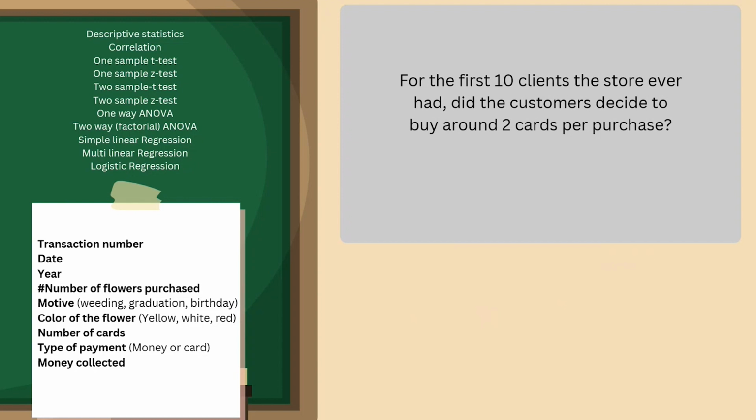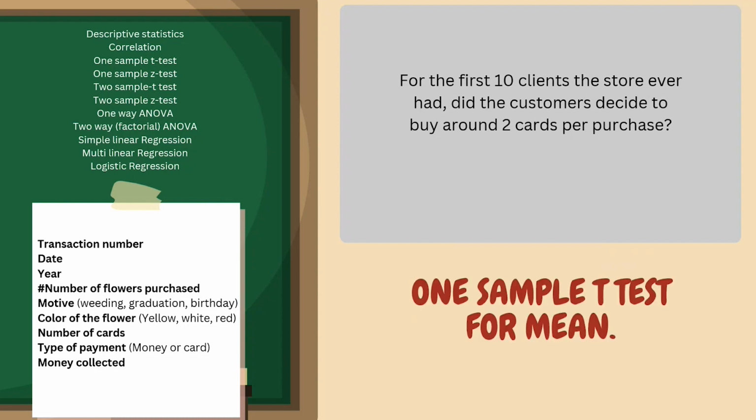For the first 10 clients the store ever had, did the customers decide to buy around 2 cards per purchase? One sample t-test for mean. It is a t-test because our sample is the first 10 clients.